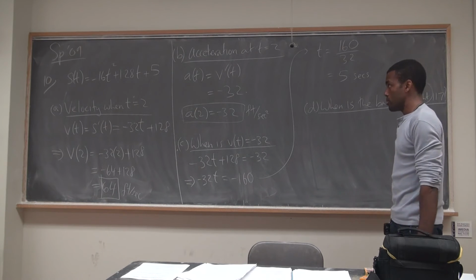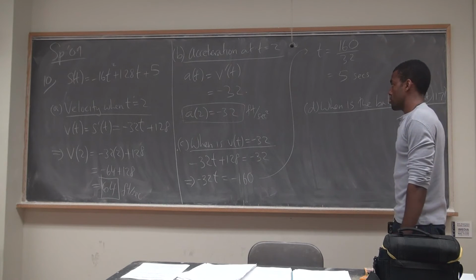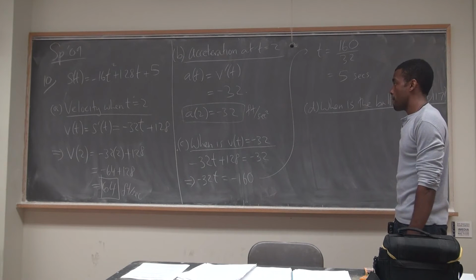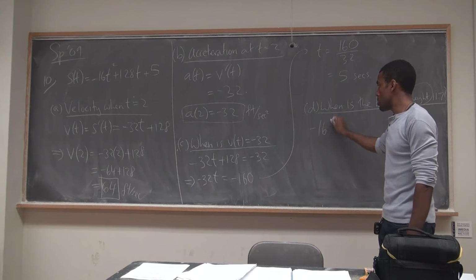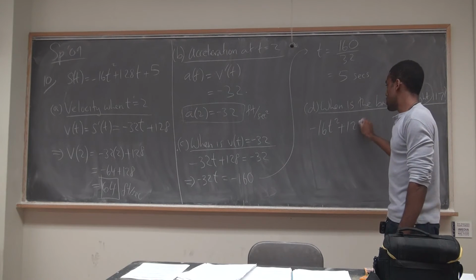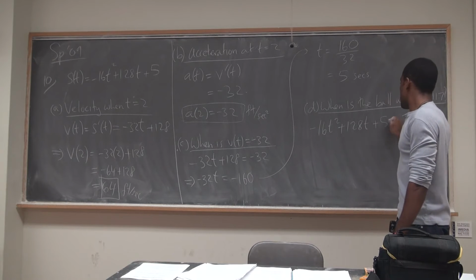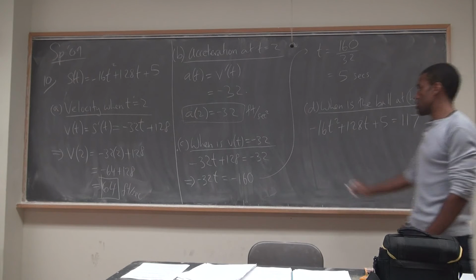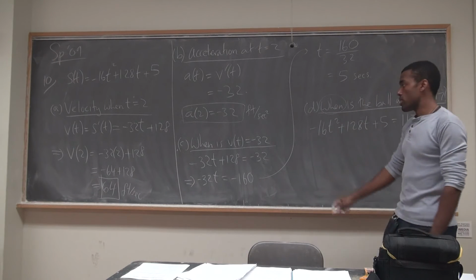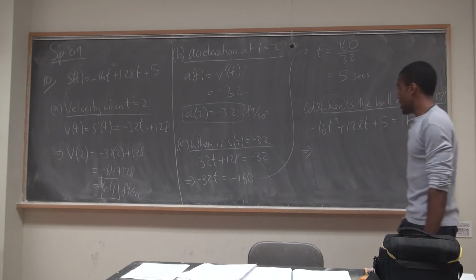What do I do? Have it equal to 117. Set it equal to 117. The height is that function. So I set it equal to 117. And now I just want to solve for t, because they asked me when. When means find t. How do I solve that for t?